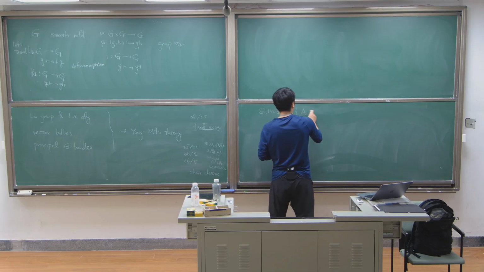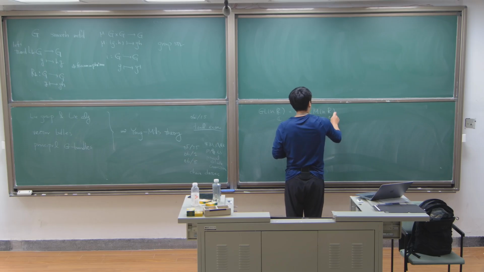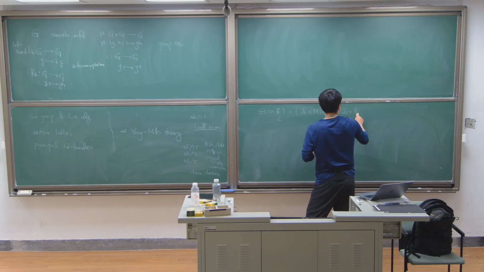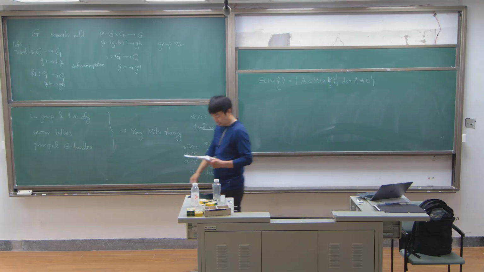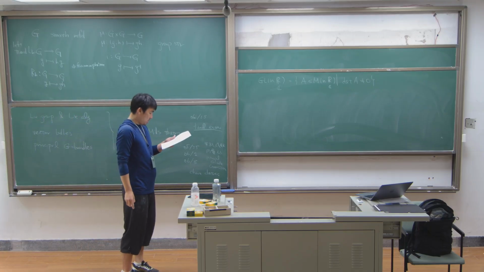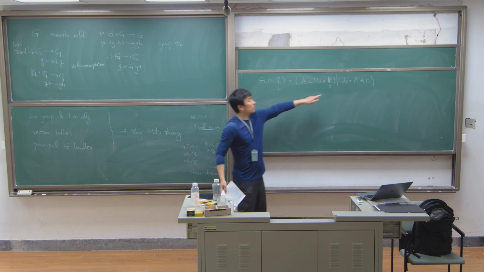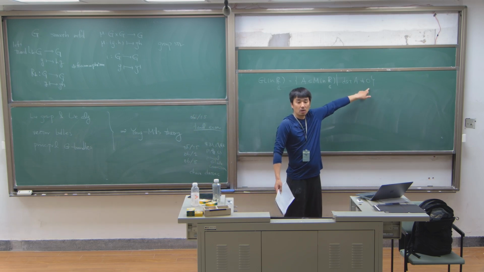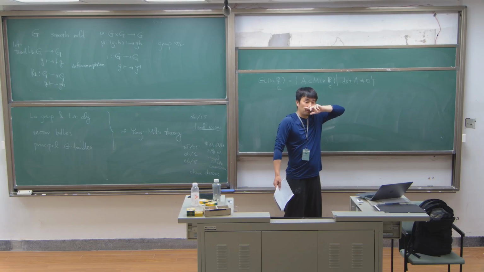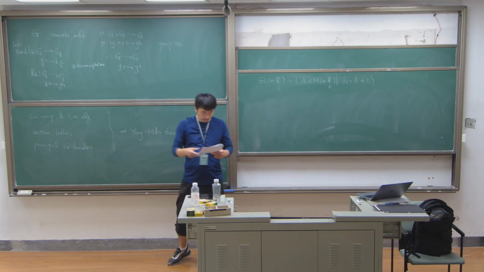The most basic example is the general linear group, GL(n,R) or GL(n,C), whichever. A is just an n by n matrix, and the determinant of A is not 0. Why is it important that the determinant of A is not equal to 0? Yes, you need an inverse.